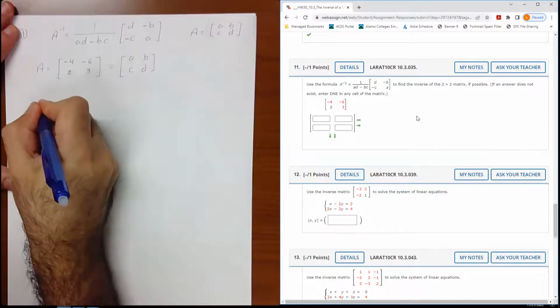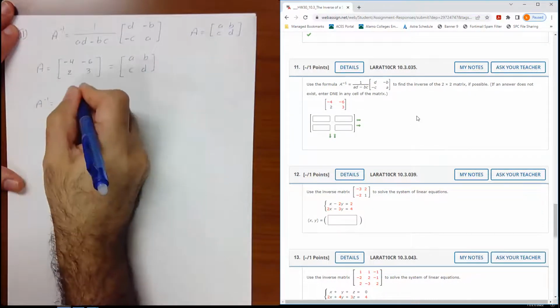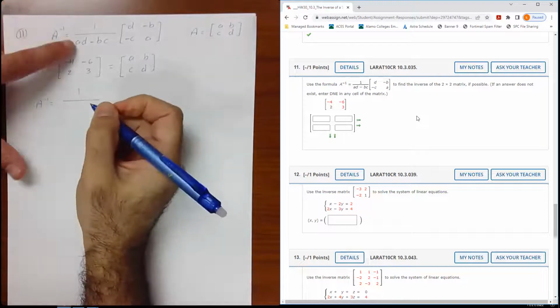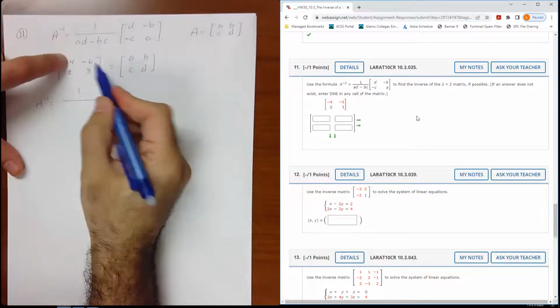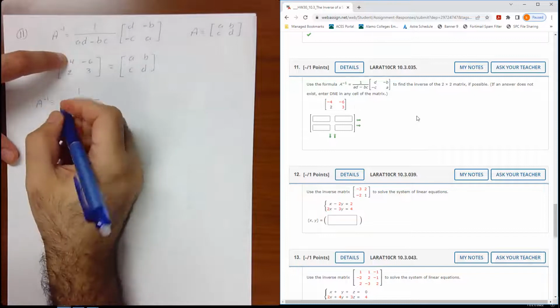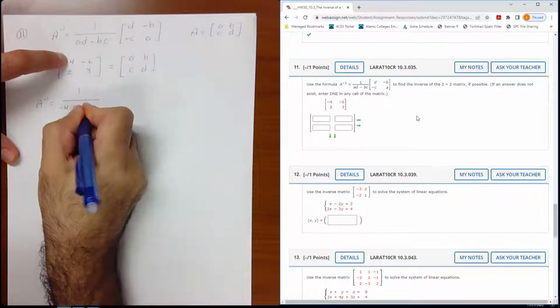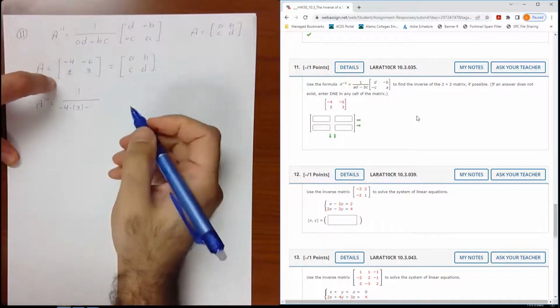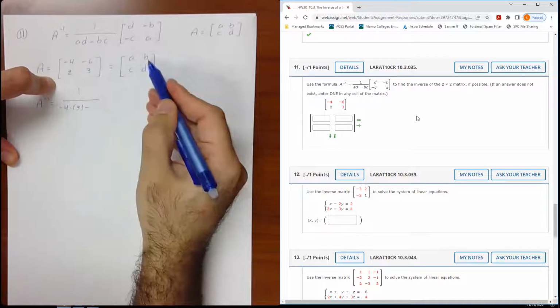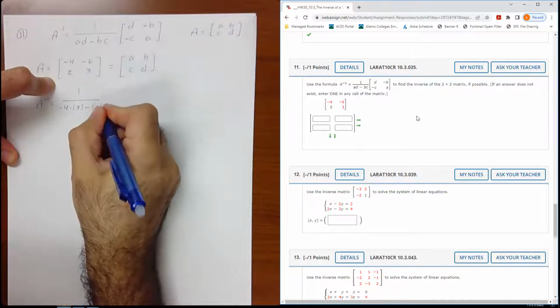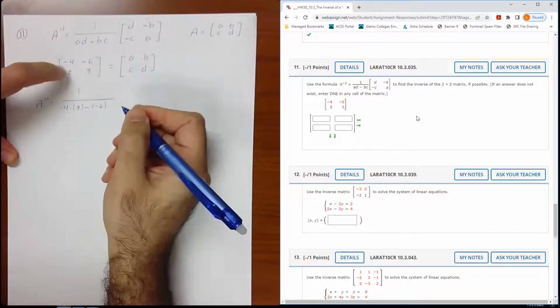Now the inverse is going to be 1 over AD. This is A, negative 4 times D, which is 3. So negative 4 times 3 minus BC. So B is negative 6 times C, which is 2.